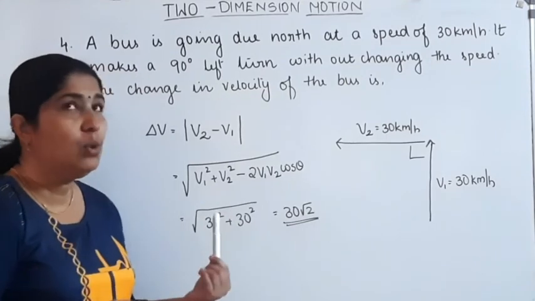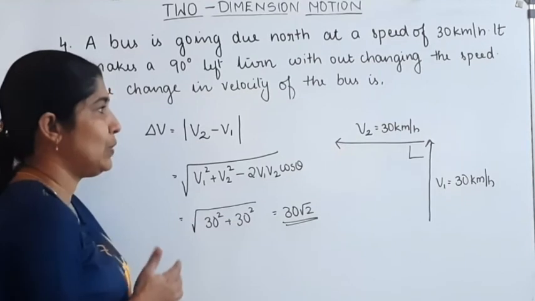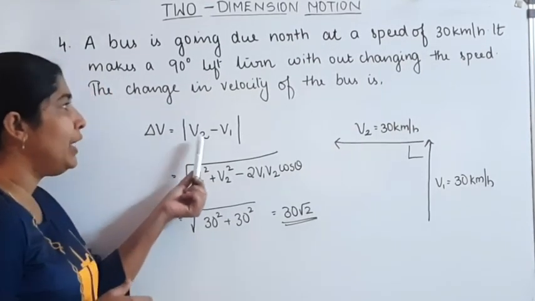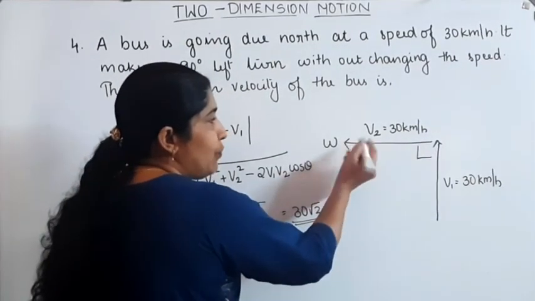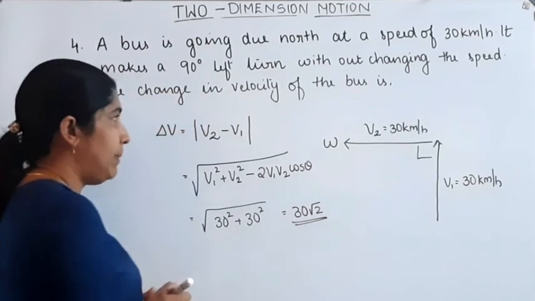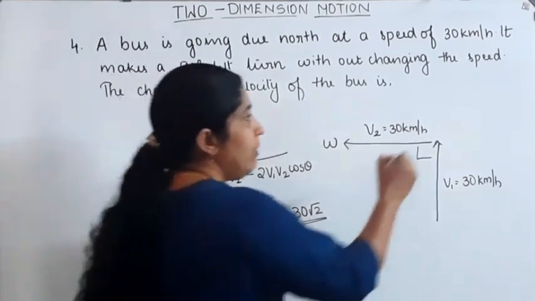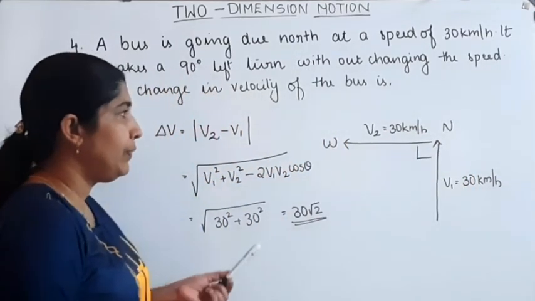Then what about the direction? We want to find out the direction also. For this, delta V is equal to V2 minus V1. V2 is towards west with a velocity 30 km per hour, and V1 is towards north with a velocity 30 km per hour.